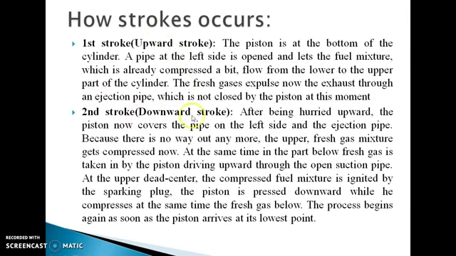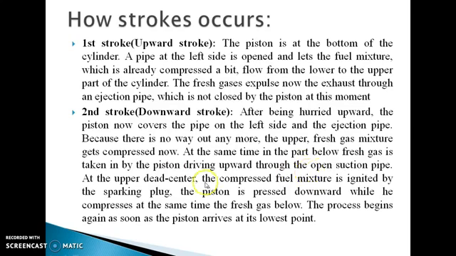Second stroke is called the downward stroke. After being hurried upward, the piston now covers the pipe on the left side and the ejection pipe. Because there is no way out anymore, the upper fresh gas mixture gets compressed now. At the same time, in the part below, fresh gas is taken in by the piston driving upward through the open suction pipe.